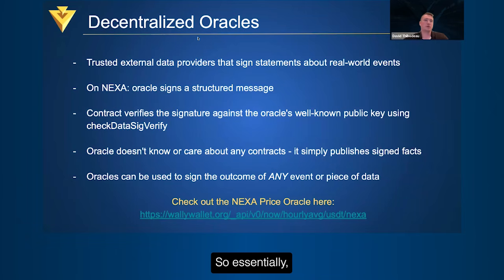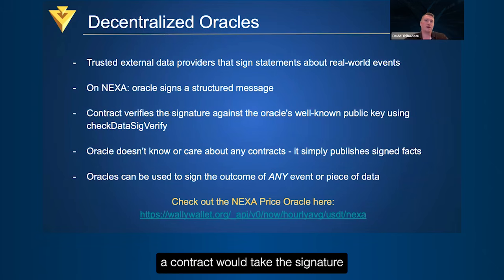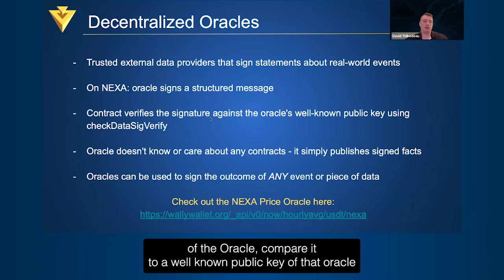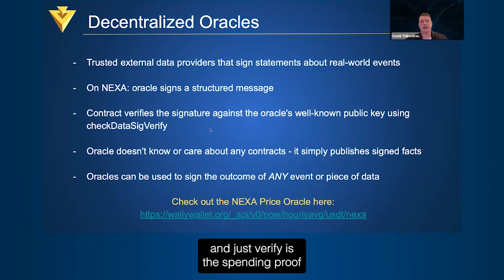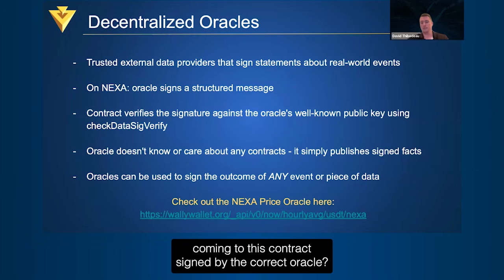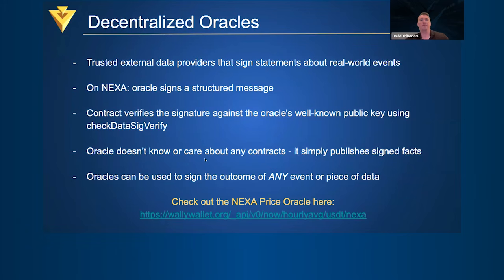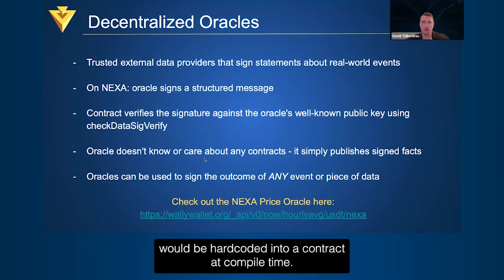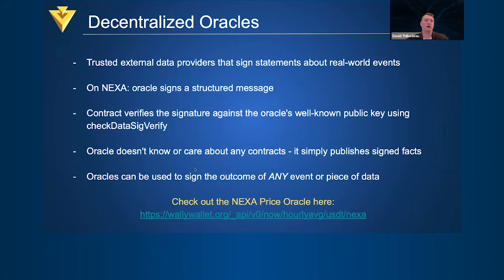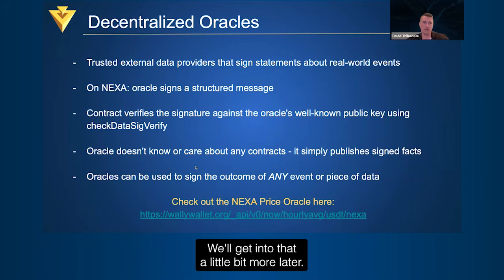So essentially, a contract would take the signature of the oracle, compare it to a well-known public key of that oracle, and just verify: is the spending proof coming to this contract signed by the correct oracle? And that public key would be hard coded into a contract at compile time. We'll get into that a little bit more later.